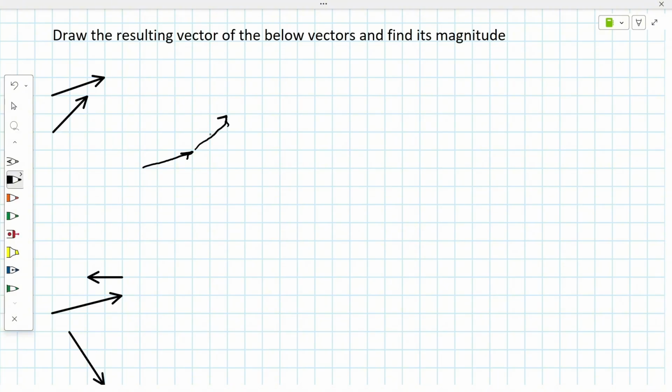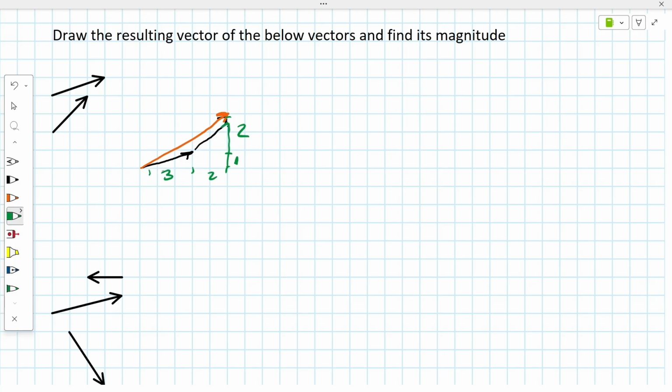Like this. So after drawing those two vectors, all we have to do is draw from the start of the first to the end of the last one. And then now we've just made our new segment. So we have this segment of 3 and this segment of 2. This is 1 and this is 2.